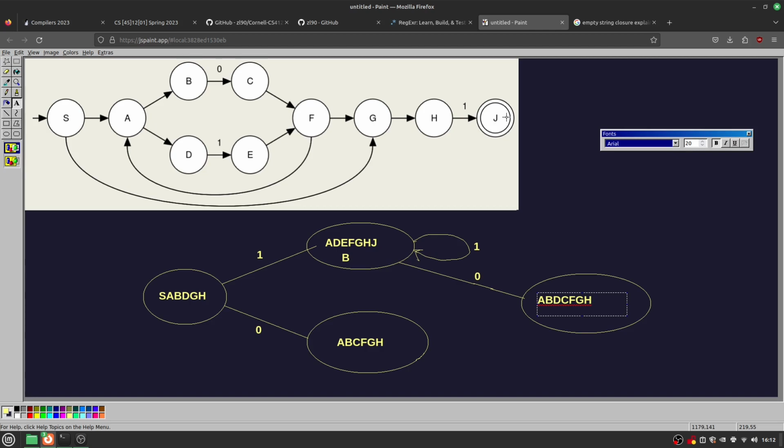Maybe we can't if there's no explicit explanation of that. So yeah, there's no input 0 here, so we can't get to J. If we're in any of these states and we have 0, we can't get to J, I think.